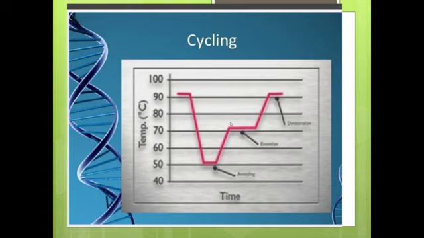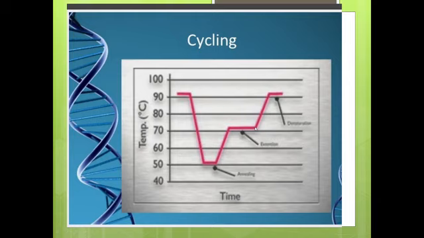Then the temperature is again raised to 72 degrees centigrade, and at this temperature the Taq polymerase, or DNA-dependent DNA polymerase, will add the deoxynucleotide triphosphates to the primers and result in synthesis of a new strand, what is called extension or polymerization. Then this process is again repeated.